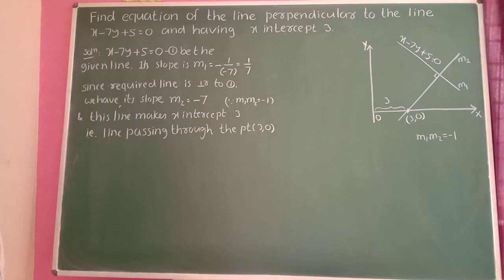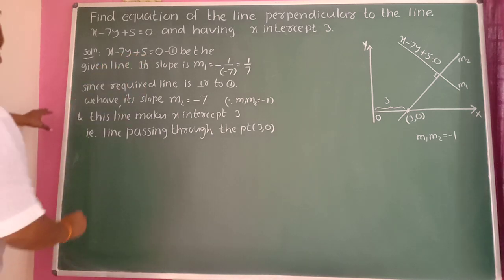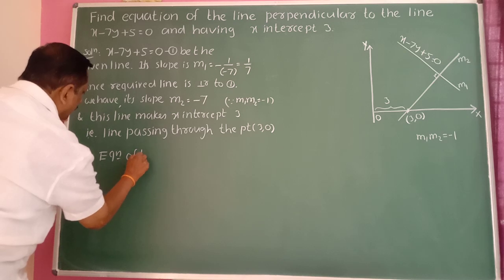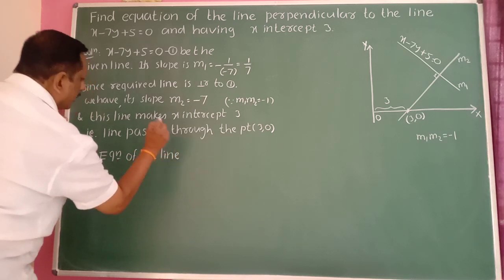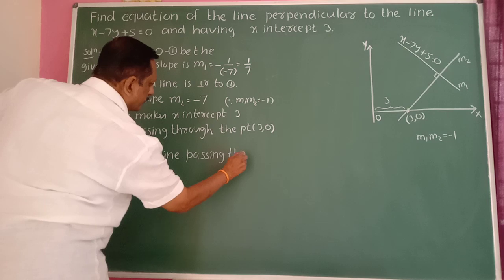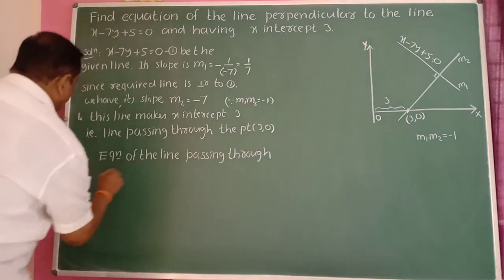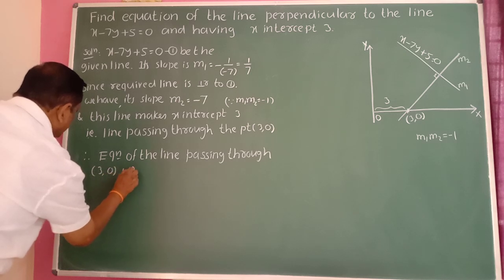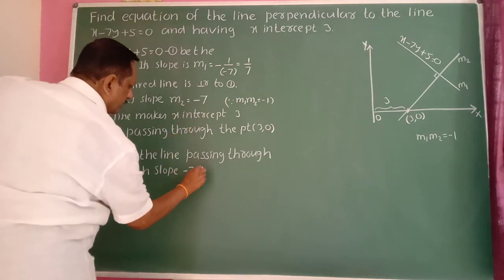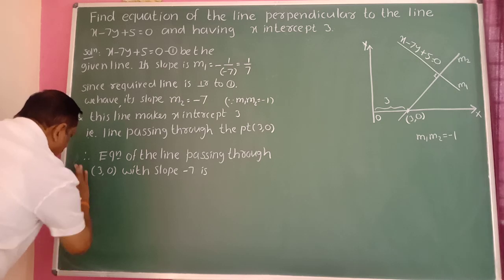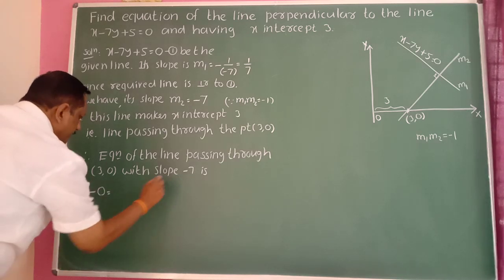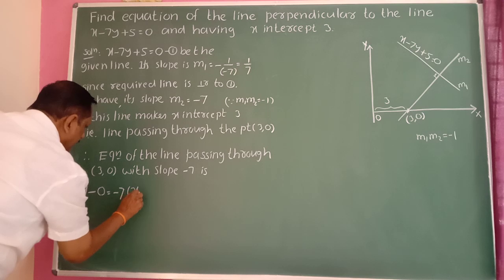Therefore, the equation of the line passing through (3, 0) with the slope minus 7 is y minus 0 is equal to minus 7 times x minus 3.